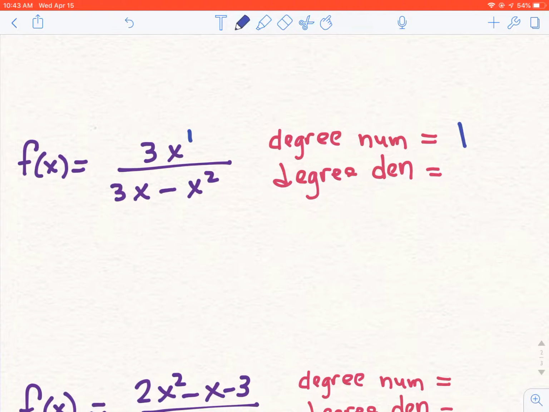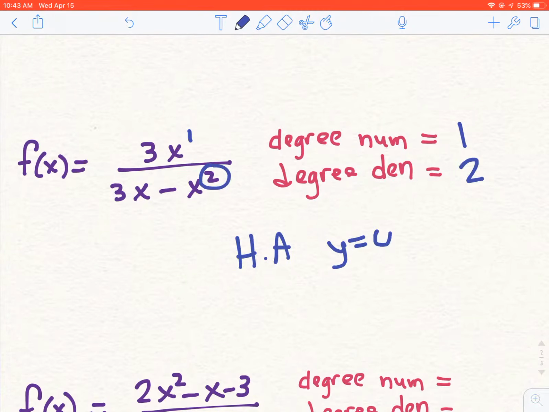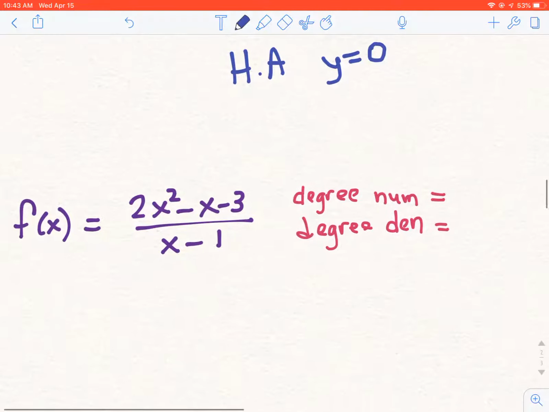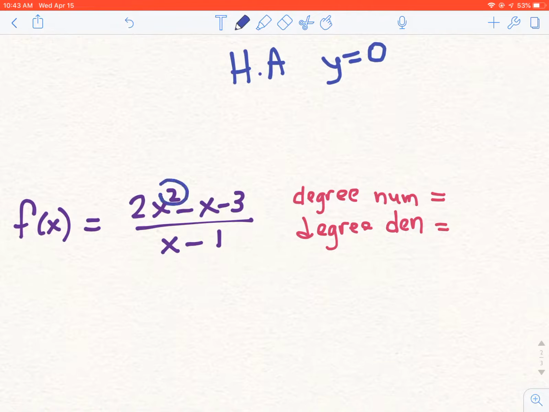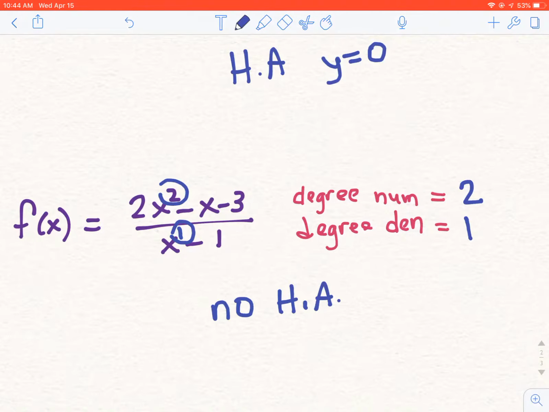The degree of the denominator, be careful, it's not in the right order, is a 2. So whenever the numerator degree is smaller than the denominator degree, our horizontal asymptote is y equals 0, the x-axis. Now the degree of the numerator is a 2 and the degree of the denominator is a 1. When the numerator degree is greater than the denominator degree, there is no horizontal asymptote.